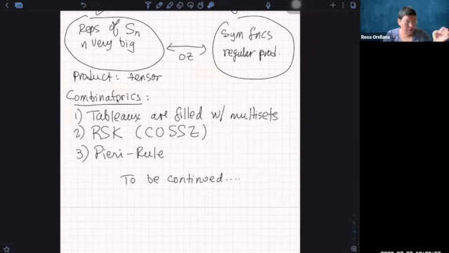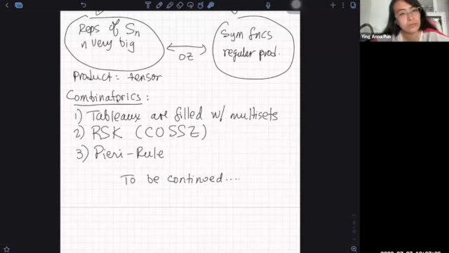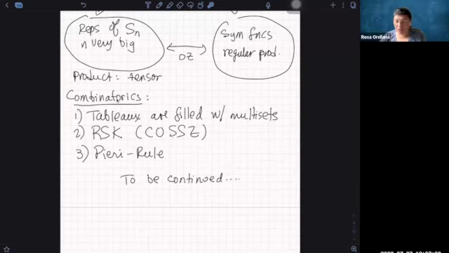It's too bad that I ran out of time to show you what the coefficients are. If you actually try to understand them, they are a version of the classical ones, but now you have multiset entries or set entries. Like the E mu, I don't know if you remember, they were multiset tableau.